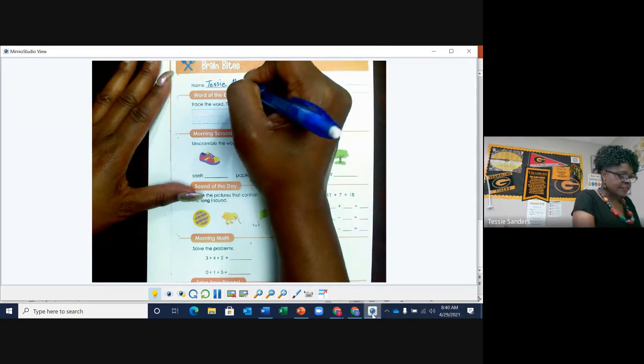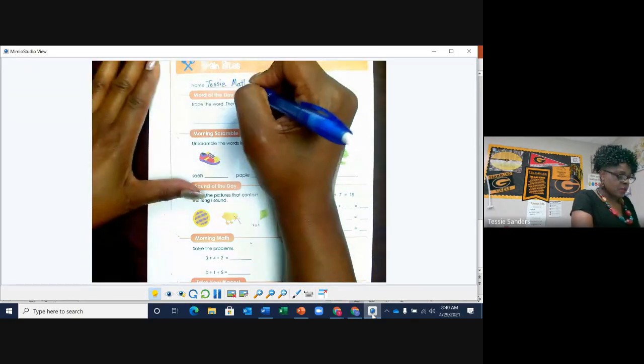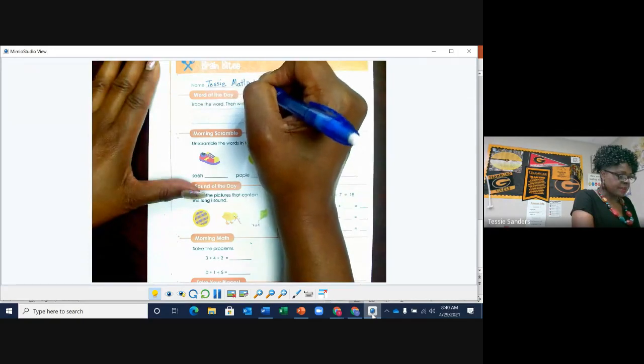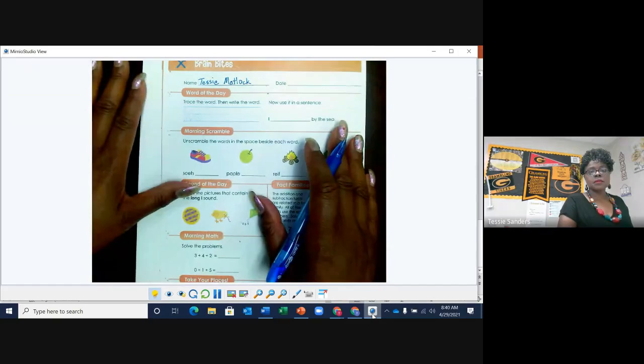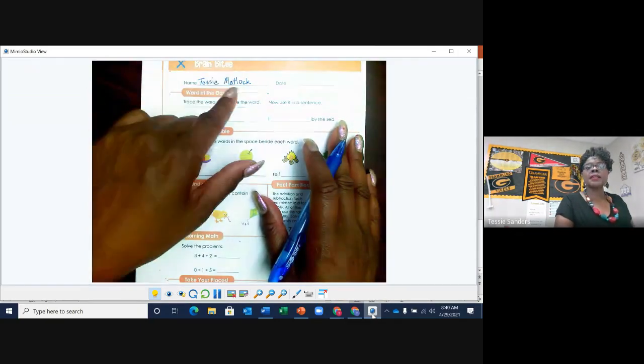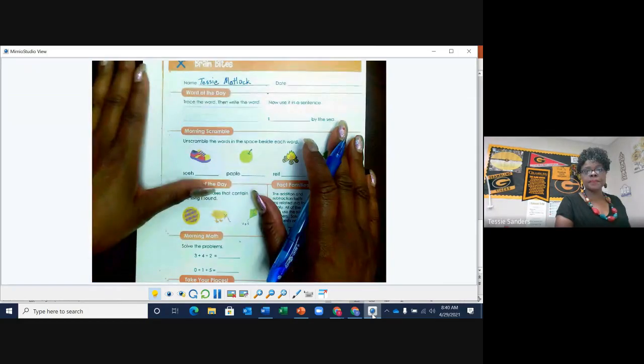Capitalize the first letter in your last name, writing the letters neatly. So right now, you should have your first and last name on the line.